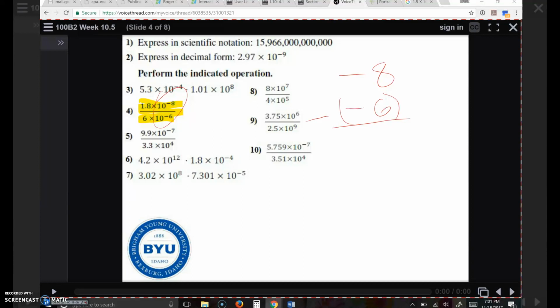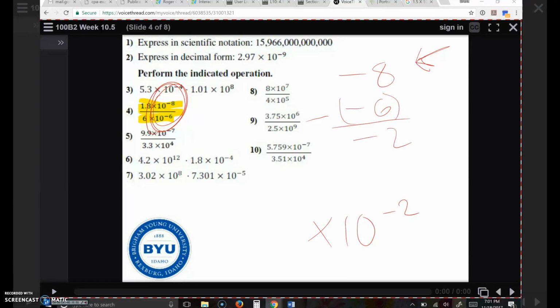Okay, so back to this right here. I just pulled over the -8 and the -6, so we're going to get -8 plus 6, which is -2, right? Okay, so we're going to have something times 10 to the -2. All right, let's see what that something is going to be.